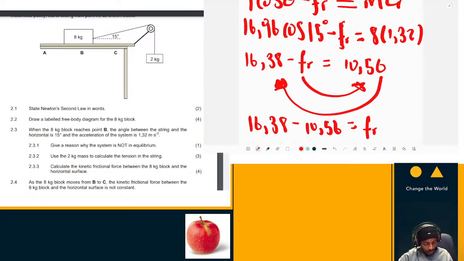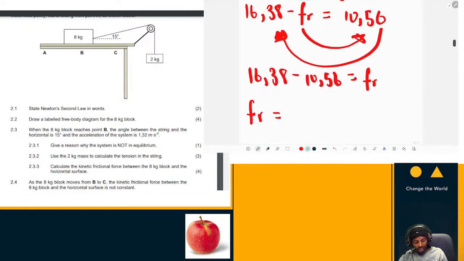Therefore, frictional force will be equal to 16.96 cosine of 15 degrees minus 10.56. All right. I'm going to use this quantity over here, not this 16.38, so that I don't lose the value of my answer.